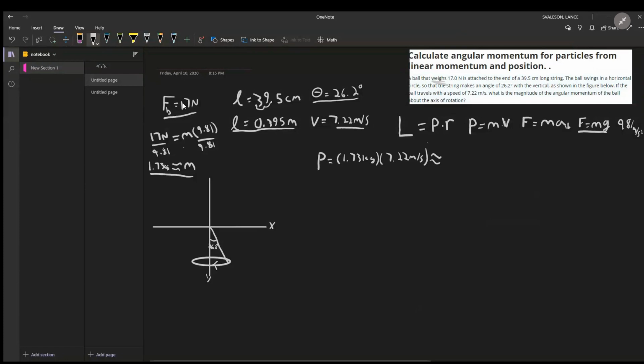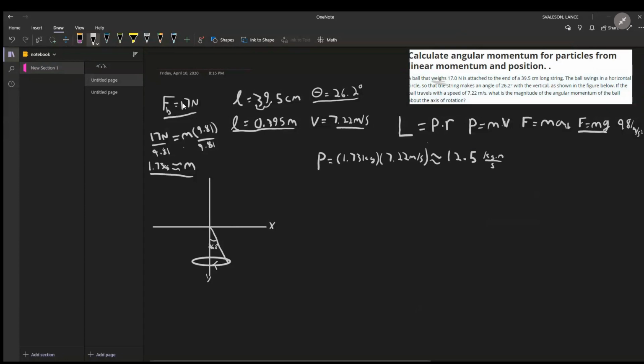Yeah, 12.4. 12 point, is it 4 or 5? We'll say 5. I got 4.9, so I'm just going to use 12.5. Okay. And that will be kilograms times meters per second.